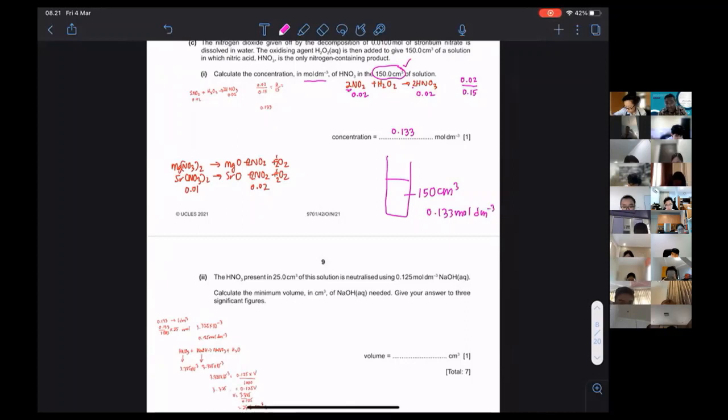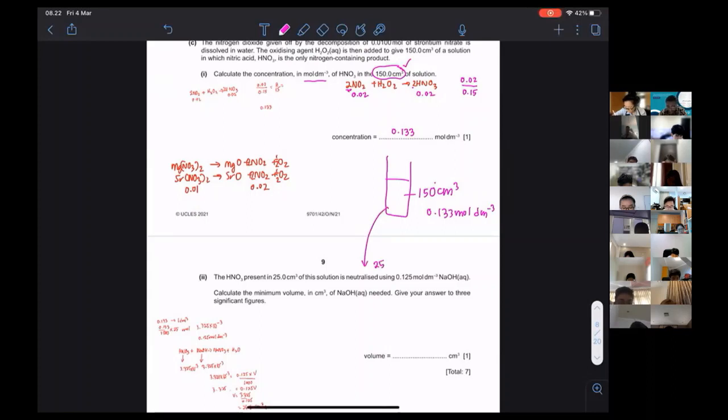This is not the number of moles, this is mole per dm cube. When you take 25 cm cube, the common thing we normally do is, oh, this is 150, so we take 25 over here.